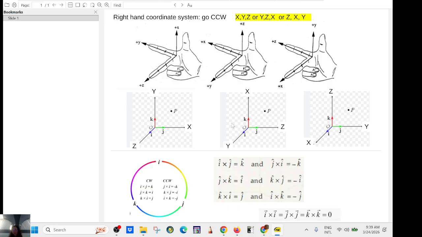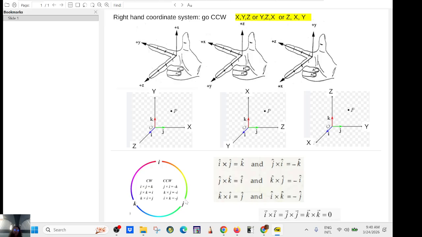Here you have other examples. Depending on the problem, sometimes things are happening in the XY plane, sometimes in the XZ plane, so you have to choose wisely. When you cross, you go this way, so that will be clockwise.